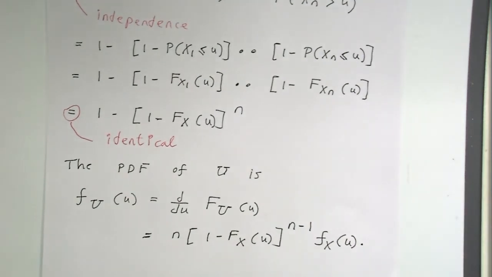So this is the density function of U. Okay. All right. Any questions on this? Yeah. Yes. No. Let me know, guys. If you have any questions, feel free to ask.